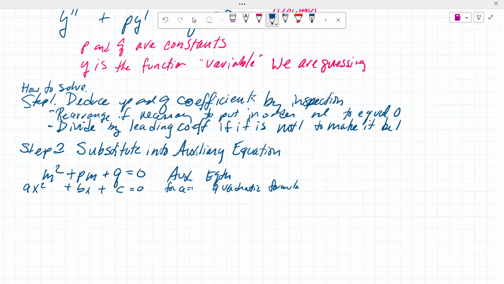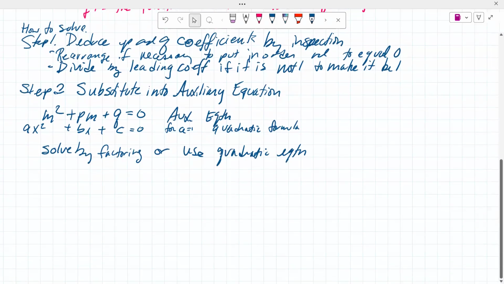Right. So how do you do it? Well, you can either solve by factoring. Remember, completing the square and factorization and all of these exciting things, or use the quadratic equation. The school math is coming back to haunt us.